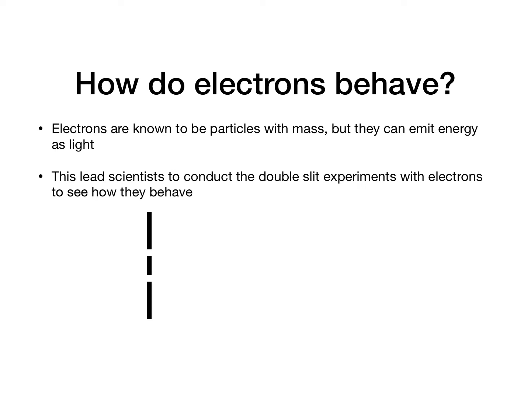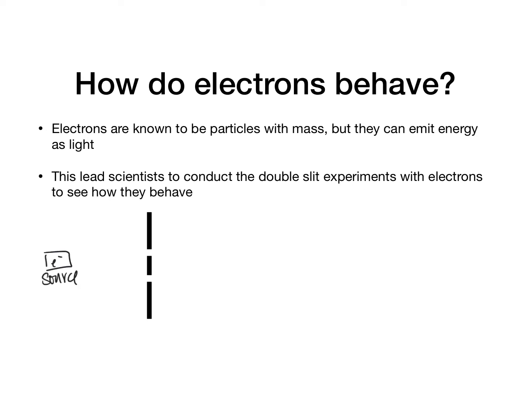So in this case, they're going to go back and redo the double slit experiment with electrons. As a reminder, you will see an interference pattern if it is a wave, and no interference pattern if it is a particle. So here we're going to have our electron source.